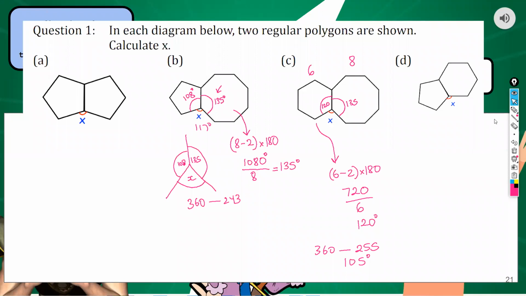Try the last one. I don't think the last one is going to be hard at all, right? Because this one is a pentagon and this one is a hexagon. We already did the pentagon and the hexagon at some point in today's questions, so you could steal those answers and just throw them into the diagram.